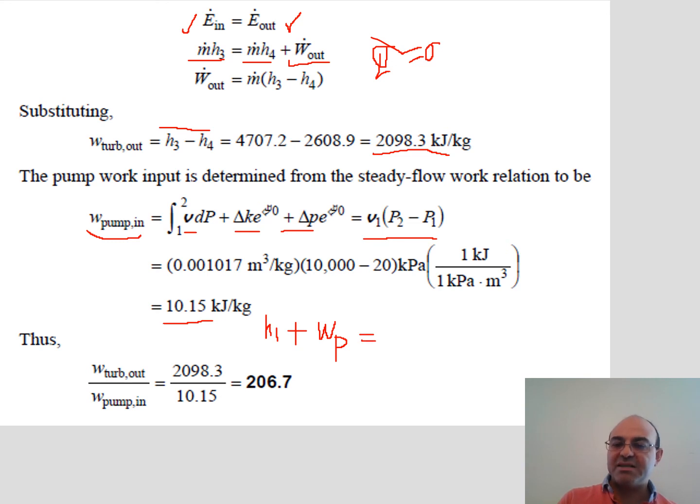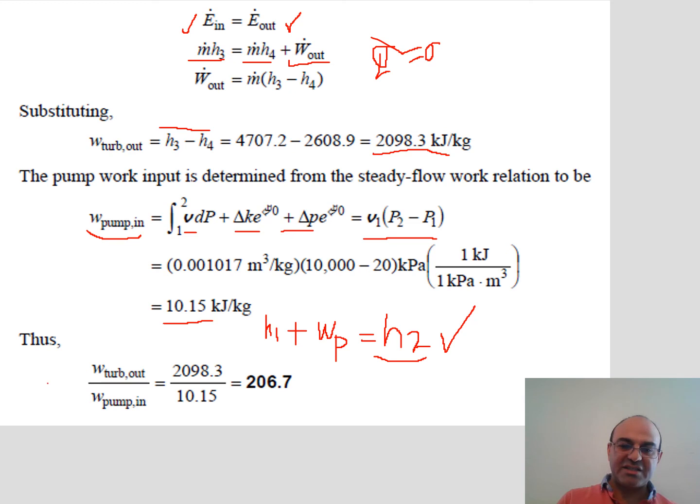If the problem asks you to find H2 as well, then you can say that H2 is equal to H1 plus WP. All of these are per unit mass, and this is based on the first law, similar to the turbine. We didn't use this equation, but it is another equation that can be used if the problem, for instance, had asked for H2 as well.